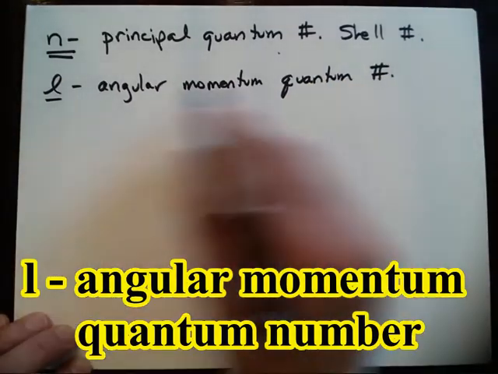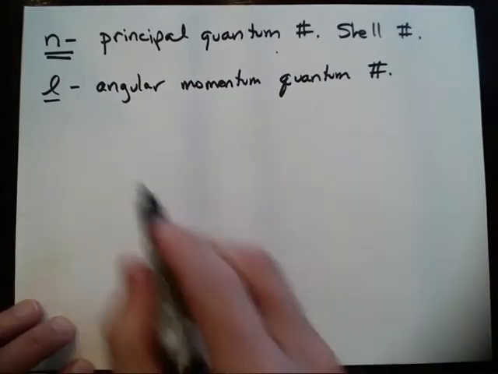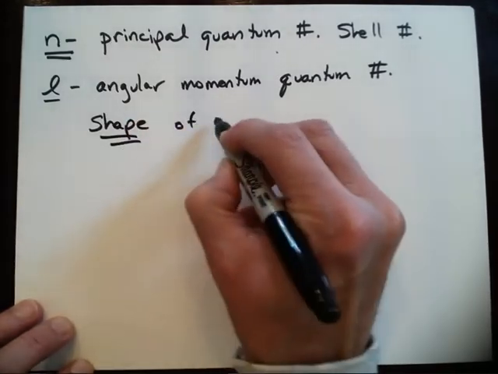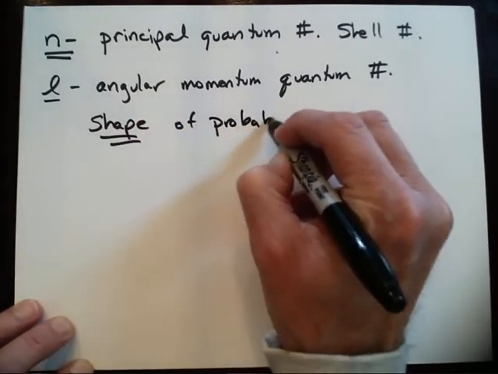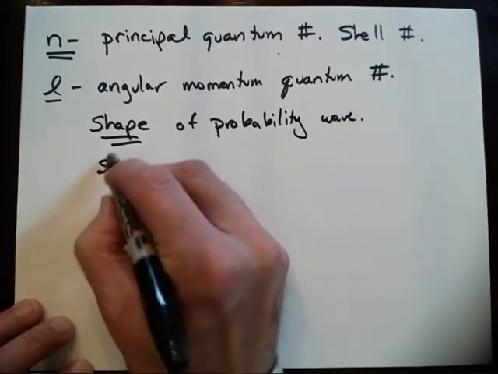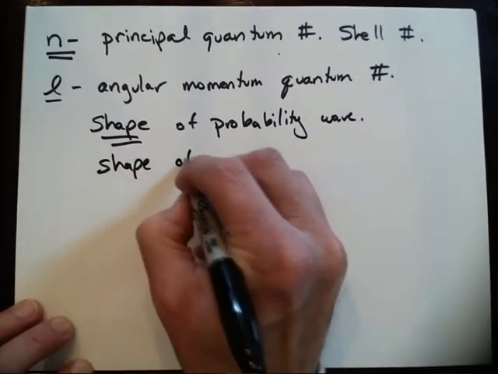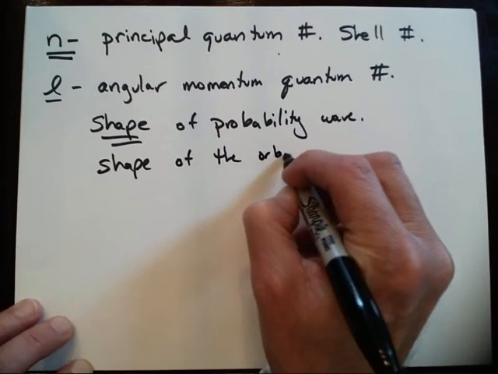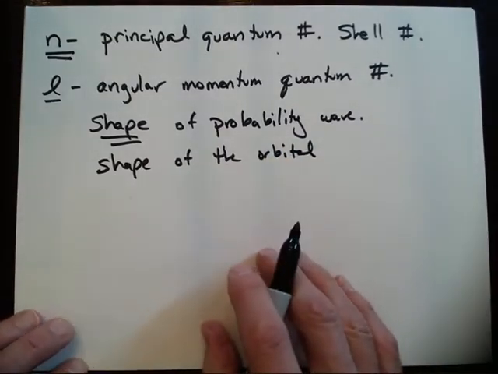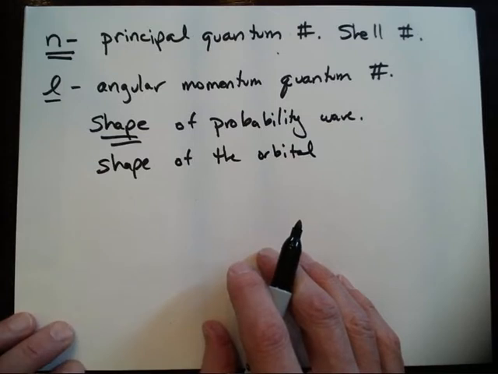And the way I like to think about the angular momentum quantum number, it's the shape of the probability orbital, or the probability wave. So we can also call this the shape of the orbital. And again, the orbital is this region of space in which the electron is likely to exist.